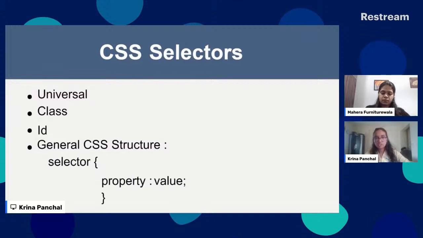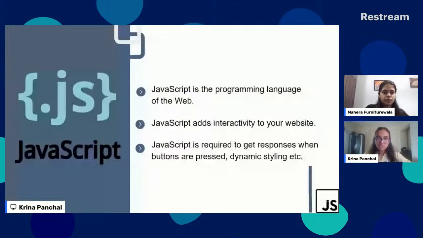Now coming to JavaScript. JavaScript is a scripting language. It is a programming language which helps to add interactivity to the website. JavaScript is required to get a response when buttons are clicked, and it is also used for dynamic styling. Now we are done with HTML, CSS, and JavaScript.